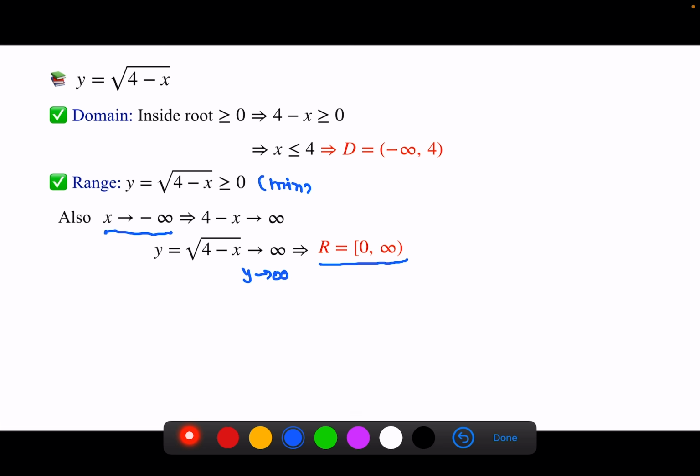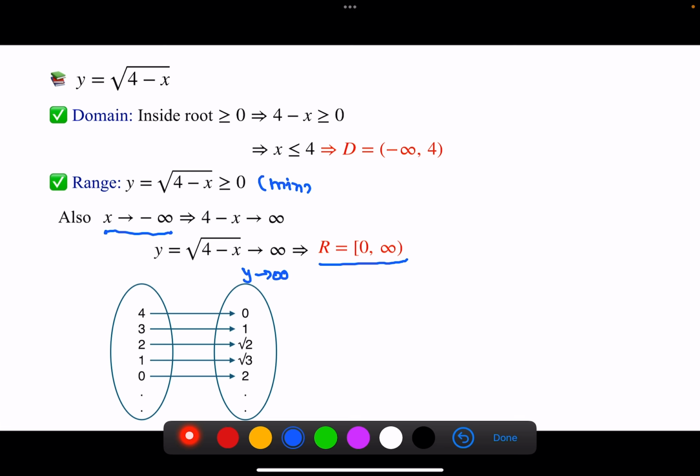We can also use this diagram. See, we put some values of x. If x is 0, 1, 2, 3, 4, we find the corresponding values.